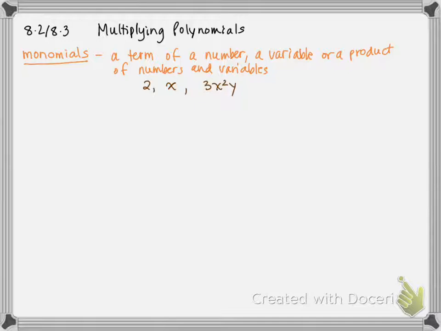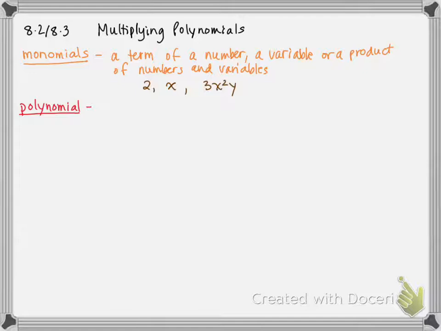Okay, so all of those would be considered monomials as long as there's no adding or subtracting going on between them. Okay, so next thing, let's go to the word in our title, polynomial. So polynomial, we get the term nomial part, but poly means many.